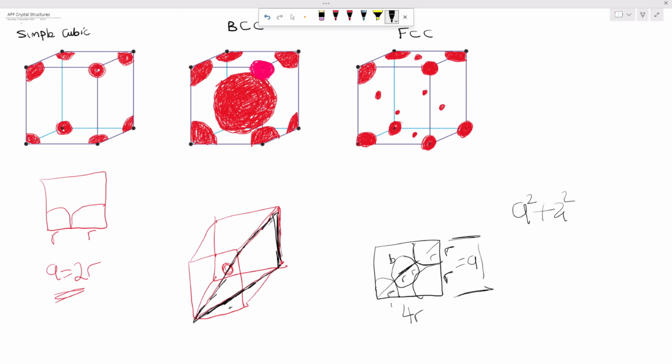This is the 4r. The 4r is this diagonal, but this is also r and r, which derives another a. So a square plus a square is equal to b square.